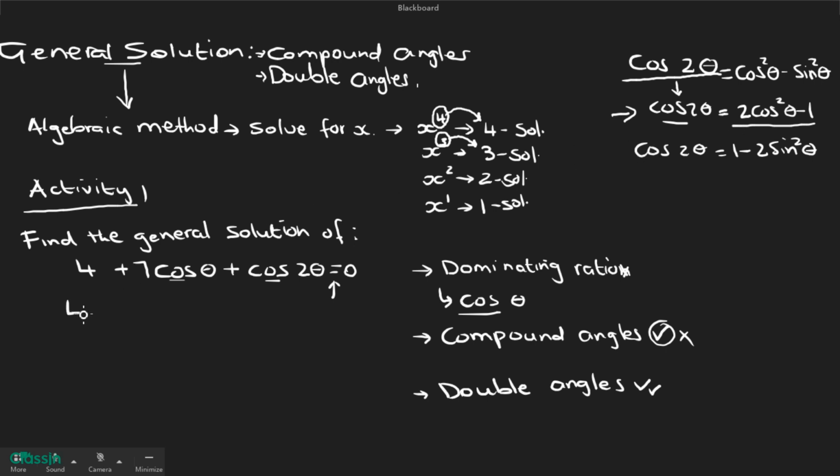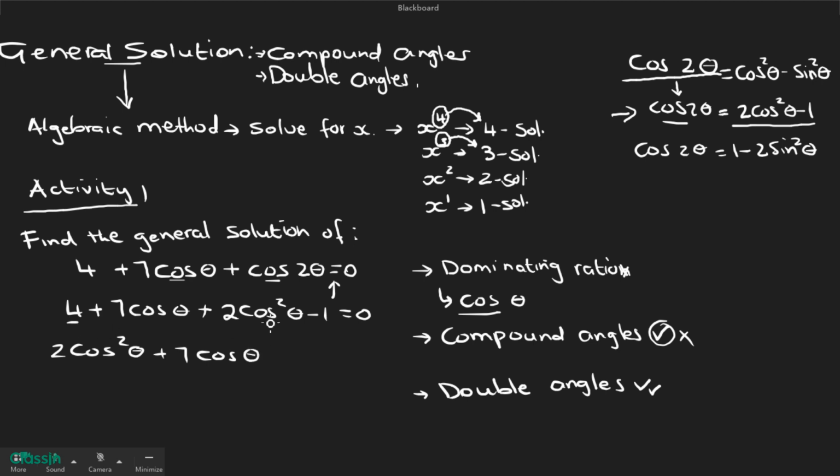Therefore, we have 4 plus 7 cos theta plus 2 cos squared theta minus 1 equal to 0. If we arrange this in descending order of the degree, we have 2 cos squared theta plus 7 cos theta.